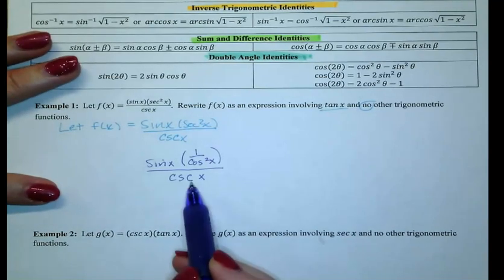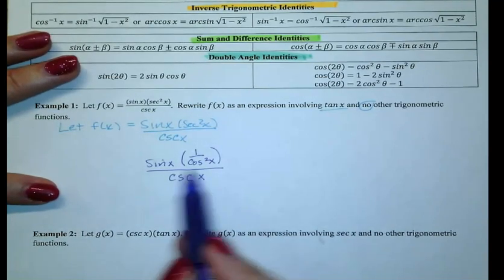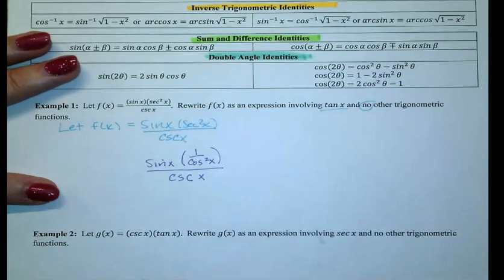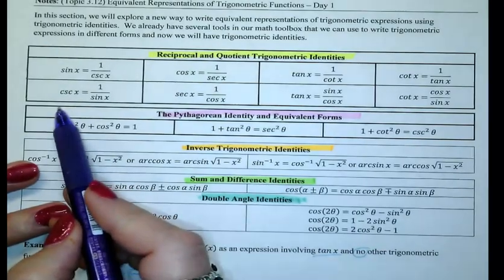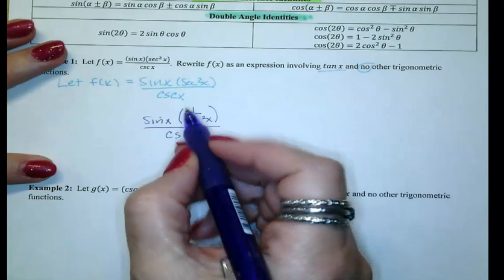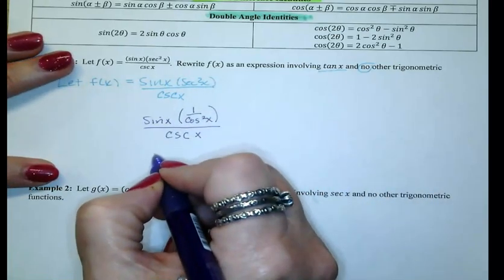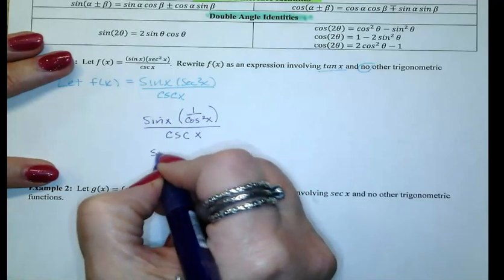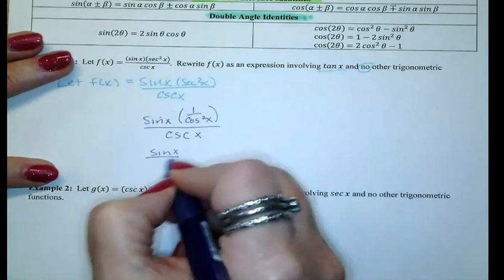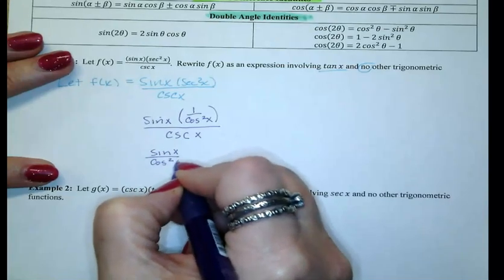All right, so now I'm going to look at the bottom, and I see right here I have a cosecant. And so I know that cosecant is the same thing as 1 over sine. So now I'm going to have sine over cosine squared on top, right?